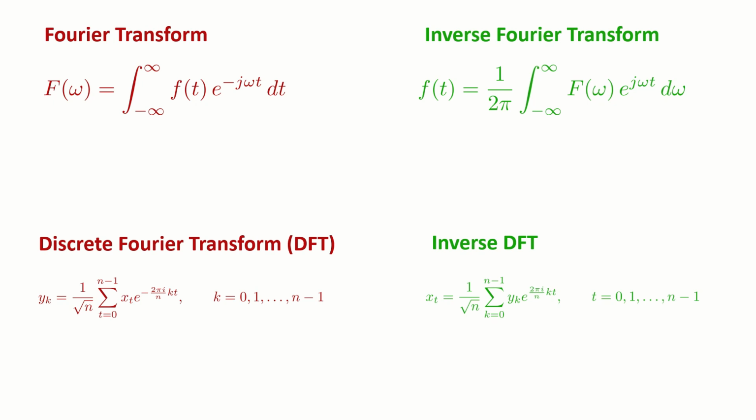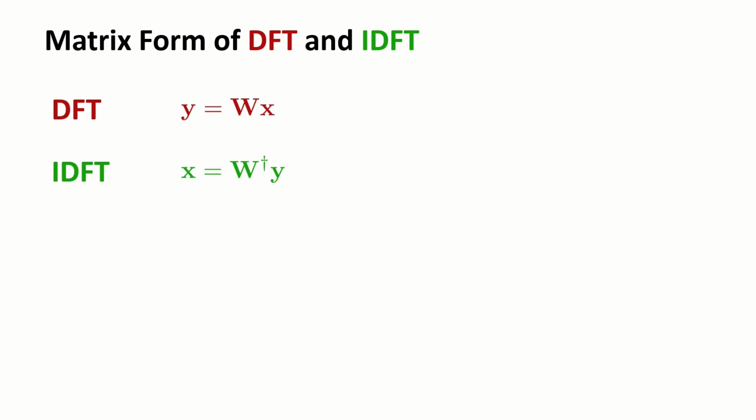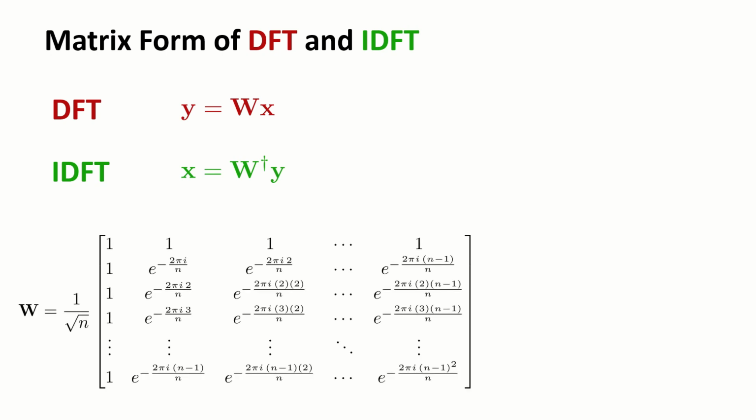There is an extra factor of 1 by 2 pi and the integration is over omega from minus infinity to infinity. Below are formulas for the discrete time Fourier transform and inverse discrete Fourier transform. The matrix forms of the discrete Fourier transform and inverse discrete Fourier transform are defined as matrix multiplications.